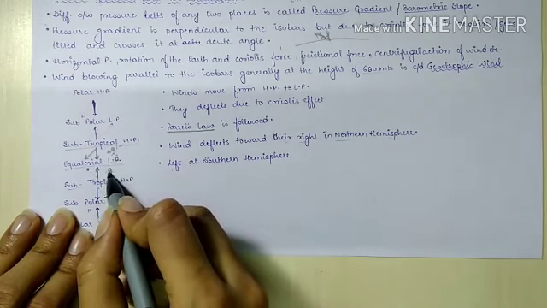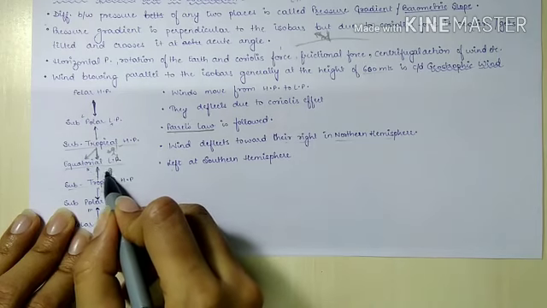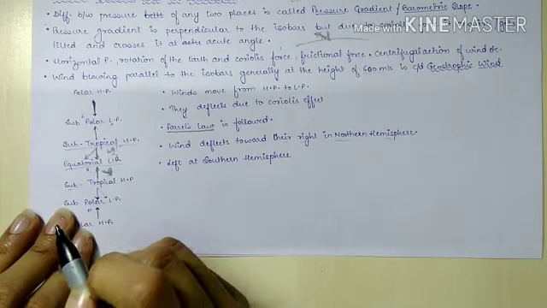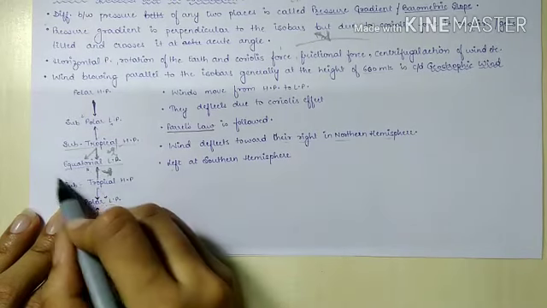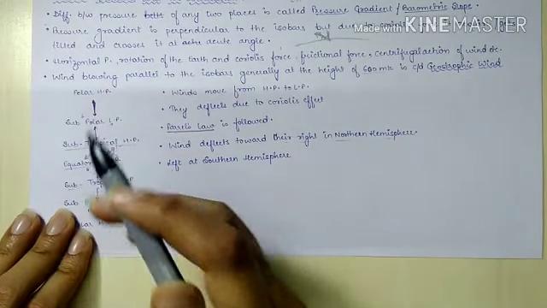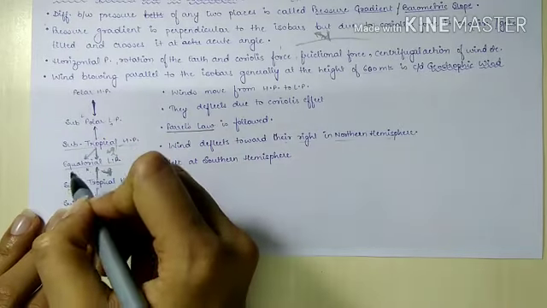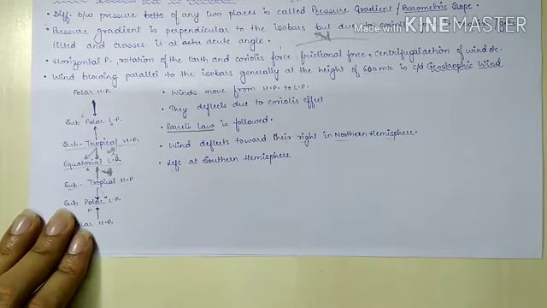Here the wind will deflect towards his left hand, okay. So this is what happens in air circulation. In the northern hemisphere, the wind will always deflect towards its right hand, while it will always deflect towards its left hand in the southern hemisphere.